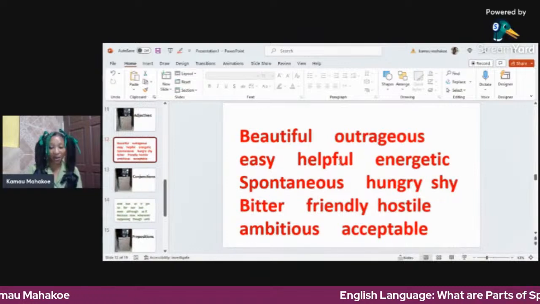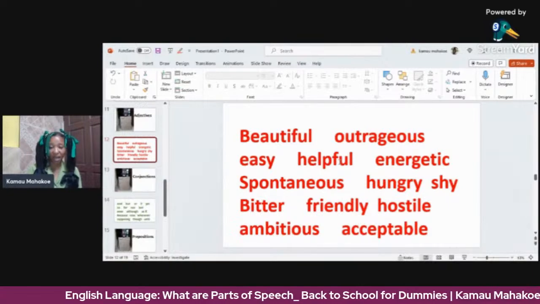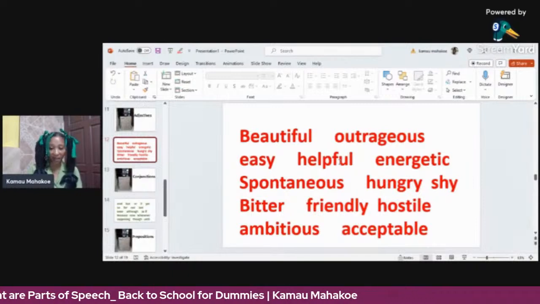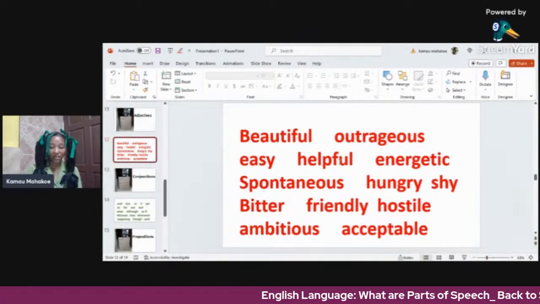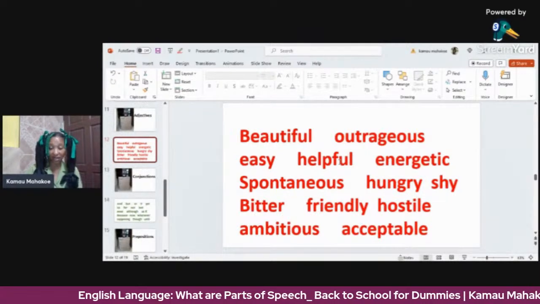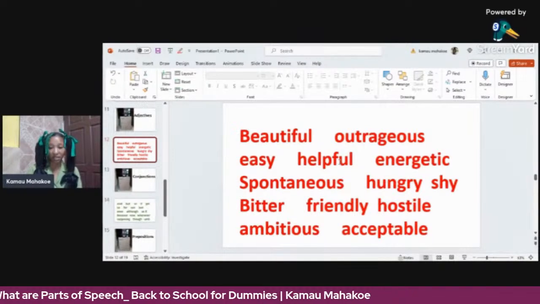I can take that word and change it to a verb. Beautify. That's the action. I want to beautify the house. I want to beautify my classroom. That's the verb. And if I want to give you the noun, then I would say beauty. Beauty is the noun, the thing. Beauty is something that we all seek, right?